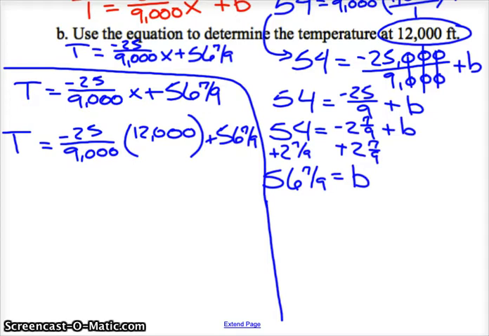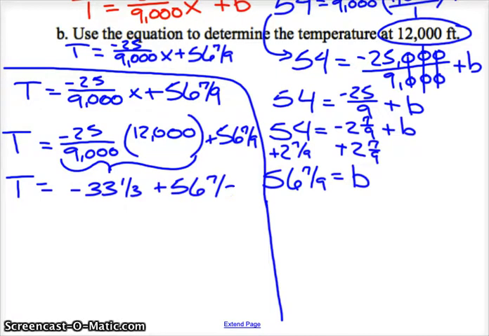Plugging in negative 25 over 9,000 times 12,000 gets you negative 33 1/3. Plug that into the calculator. So replacing this mess, we get negative 33 1/3 plus 56 7/9. 1/3 is the same as 3/9.